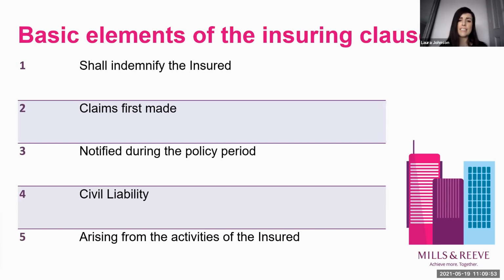So examples of these activities in the case of a design and build contractor could be designer specification, supervision of construction, feasibility study, technical information calculation, surveying, etc. And often the schedule will specify that the activities also need to have been undertaken by a professional person with particular qualifications. This clarifies that the cover is only provided in respect of claims arising in relation to the insured's professional obligations. And this is why it really is so important that all of the activities carried out by the insured are listed in the schedule. If the insured decides to perform activities that aren't listed, then it's very likely that those activities won't be covered.